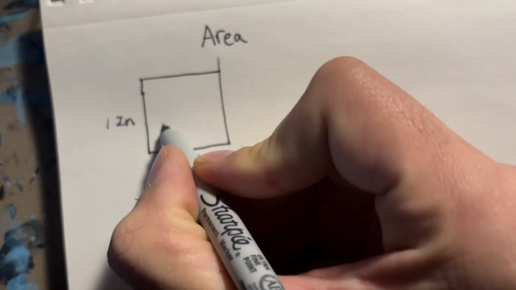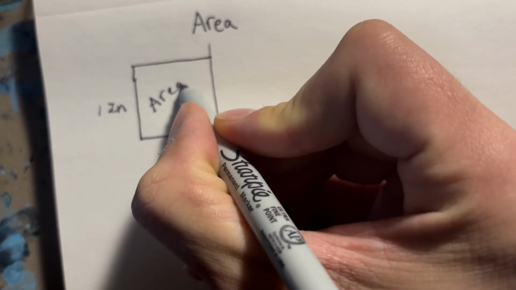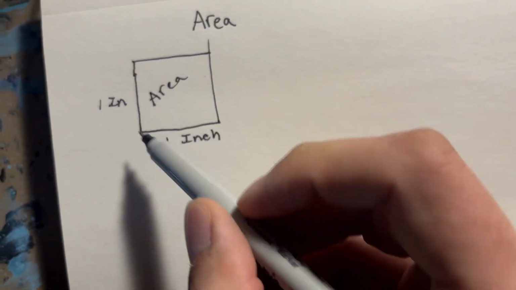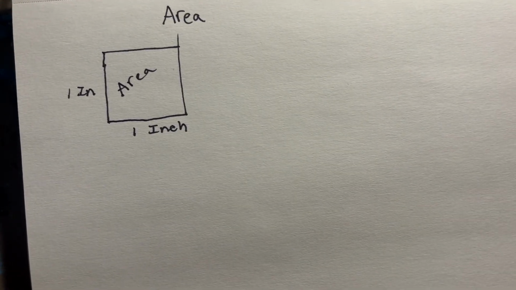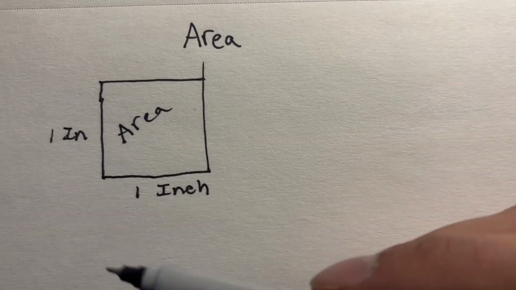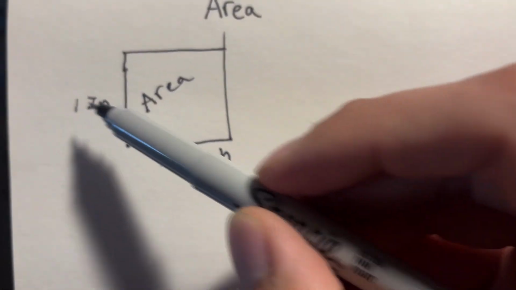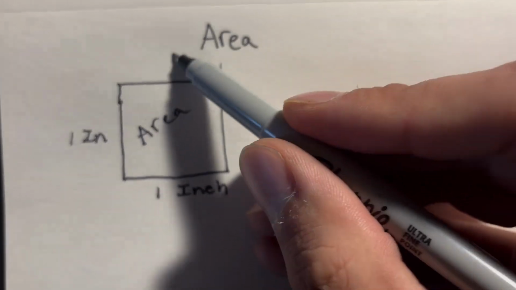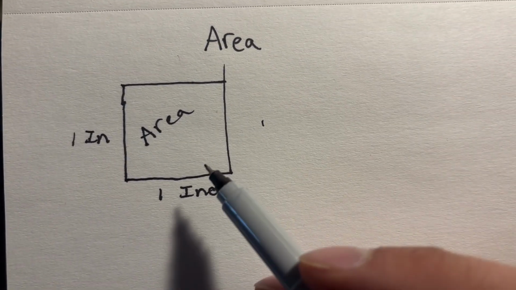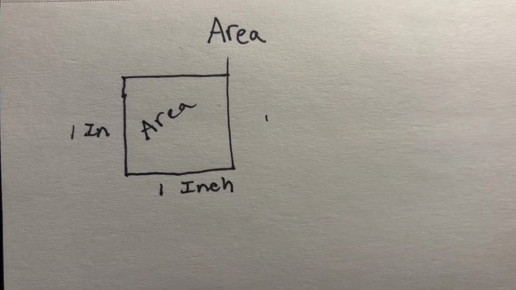And this is the area in here. With this, since it's 1 inch on each side, 1 inch by 1 inch, and since these sides are also 1 inch by 1 inch, this is 1 square inch.